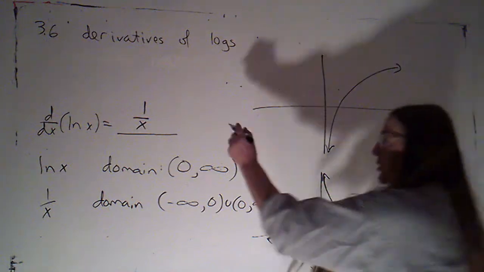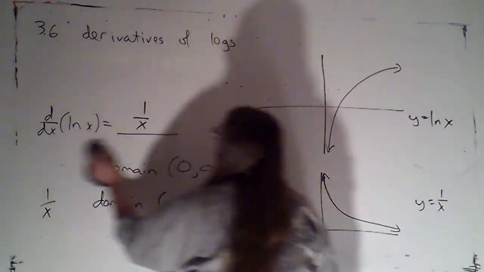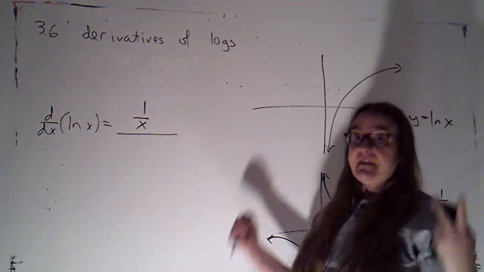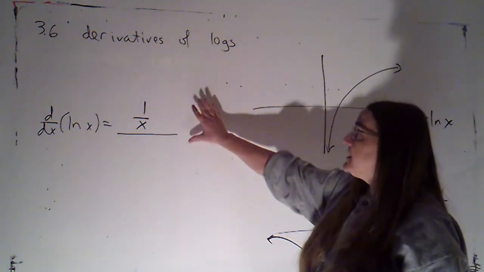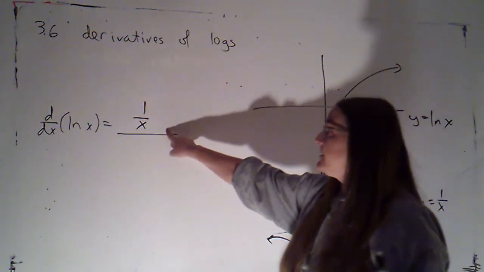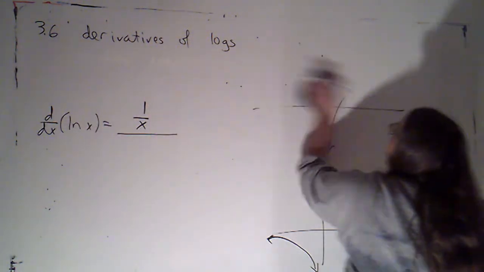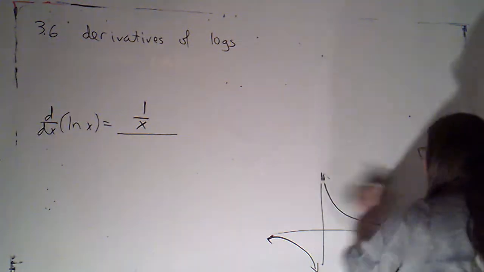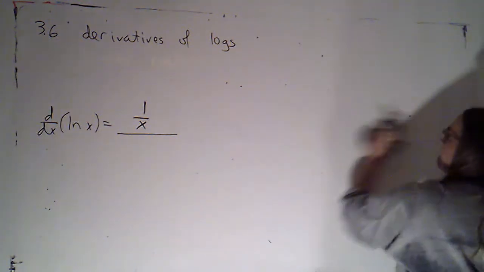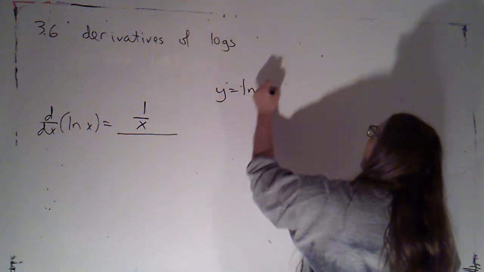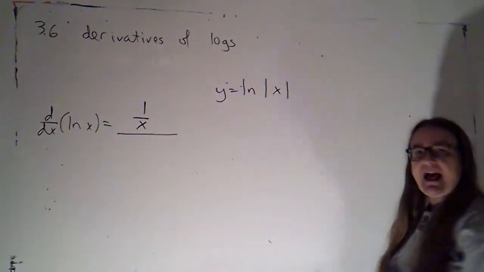So we've got this formula that the derivative of the natural log of x is 1 over x. That is true, and it's understood that this is only the derivative if this function is defined. I'm going to look at a related function. I'm going to let y equal the natural log of the absolute value of x.